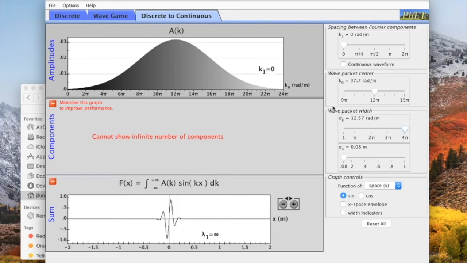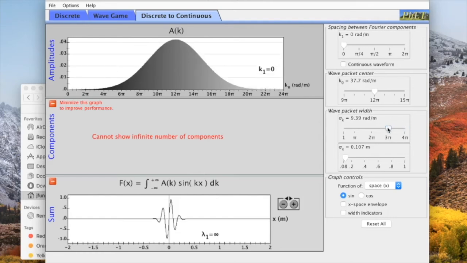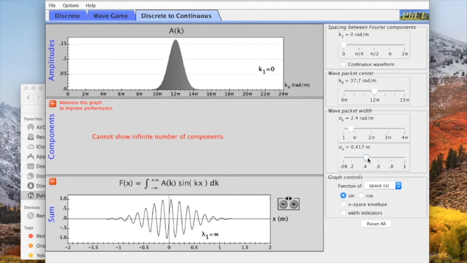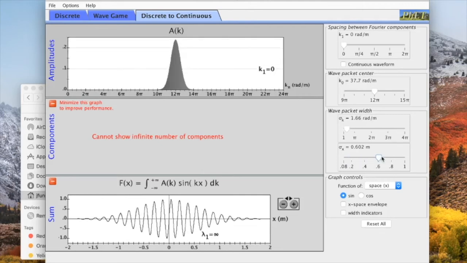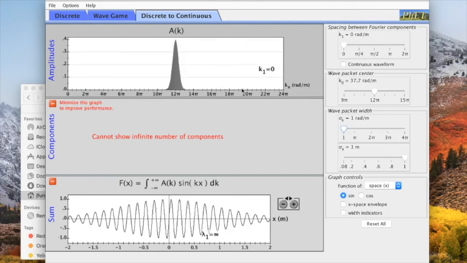But I think playing around with this, just like we're doing now, is the best way to get an intuitive feel for the Heisenberg uncertainty principle. Remember that in quantum physics, wave number or wavelength is associated with momentum. So a pretty narrow spread in wave number is associated with a small uncertainty in momentum.